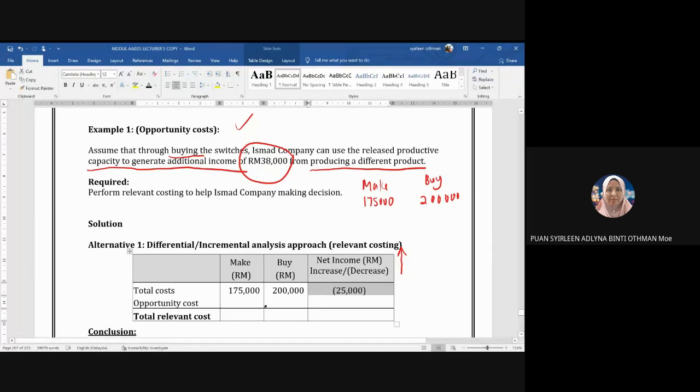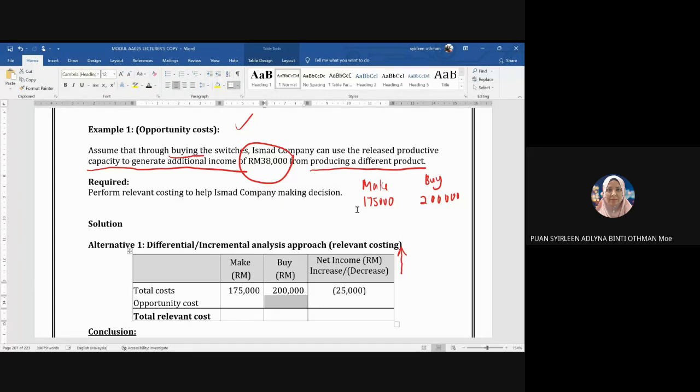kita kalau letak dia dekat buy, dia akan letak dalam bracket sebab dia adalah income. Jadi income tu boleh digunakan untuk tanggung bayaran 200,000 tu. So automatically dia akan mengurangkan apa jumlah yang you bayar. Tapi you boleh juga letak that 38,000 di make.